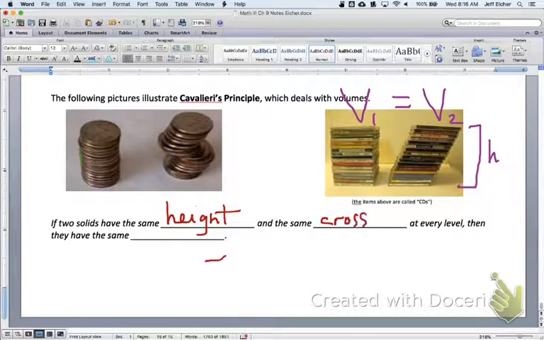The cross section is like each individual quarter or each individual CD case. If two solids have the same height and the same cross section at every level, then they have the same volume. And that is Cavalieri's principle.